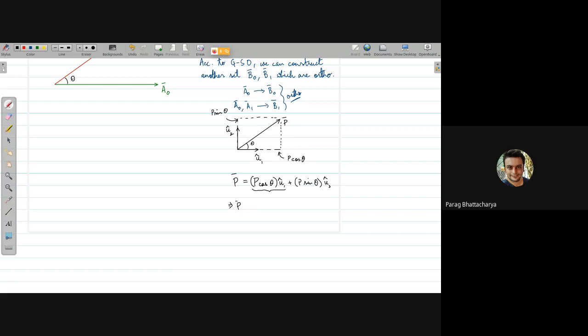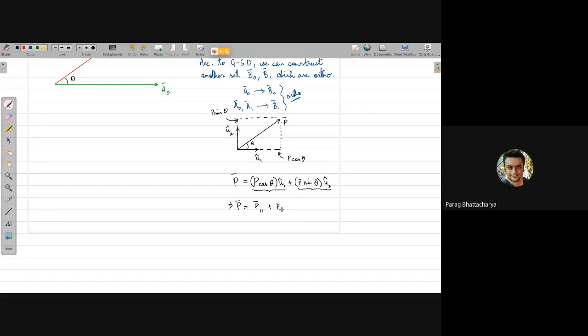We could call this a combination of two vectors. This one is, let's say, the parallel component, p parallel. And this other vector, the magnitude and the unit vector together, is going to be the perpendicular component, p perpendicular.